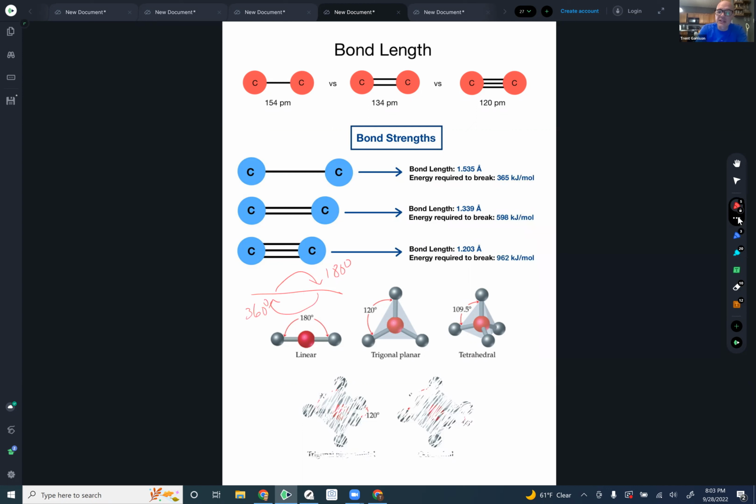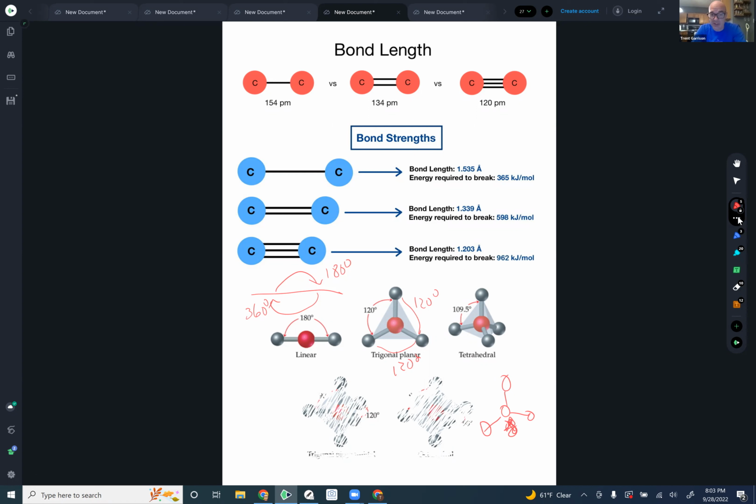If I were to take this trigonal planar, each one of the angles in it is divided into 3 sections. They're each 120 because that sums up to be the 360. The only weird one is what you would have expected tetrahedral to have. You would expect, if it's broken up into 4 different pieces, that it would have had 90-degree angles. In fact, it does not. It starts to move into the 3rd dimension towards you out of the paper, and the angle actually becomes 109.5.